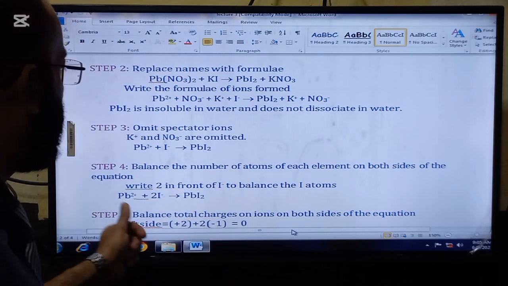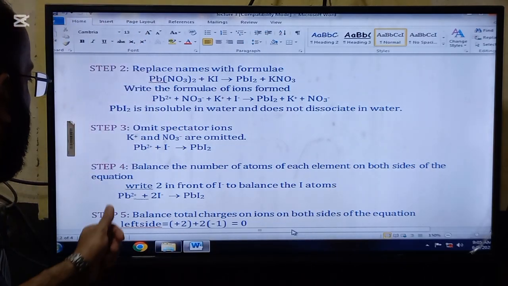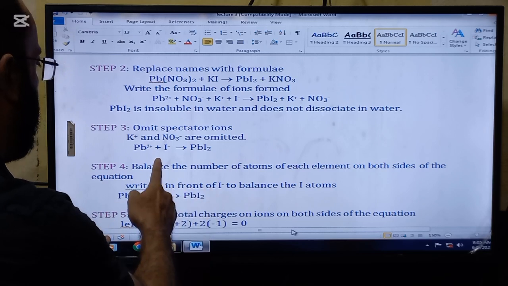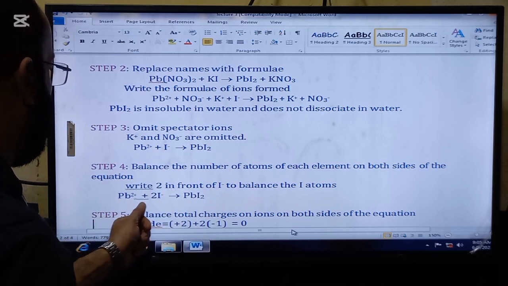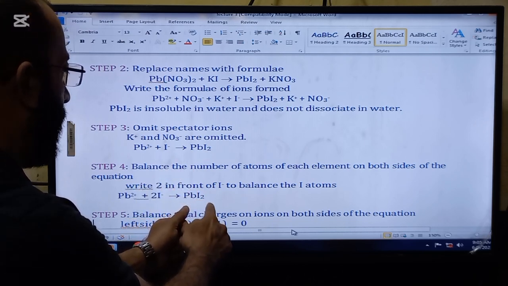Next step will be to balance the number of the atoms of each element on both sides of the equation. So here are actually 2 I on the right hand side, so we will write 2 in front of I⁻. So the equation will be Pb2+ + 2I⁻ forms PbI2.